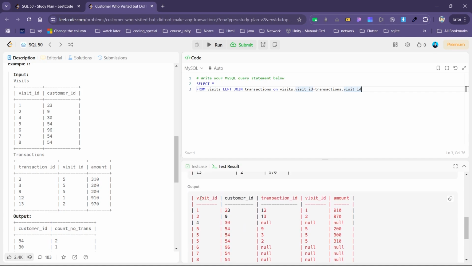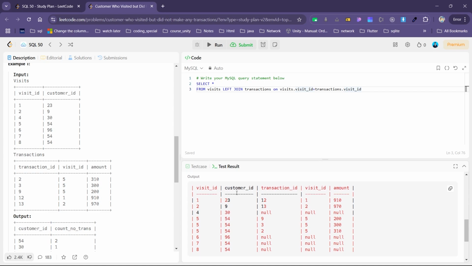You see we got the visit ID and customer ID from the left table, and transaction ID, visit ID and amount from the right table. We used the condition that visit ID must be equal to transactions dot visit ID. So you see the visit ID in both the tables is the same.